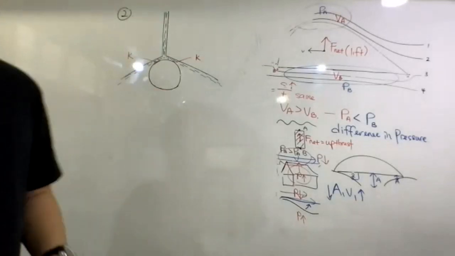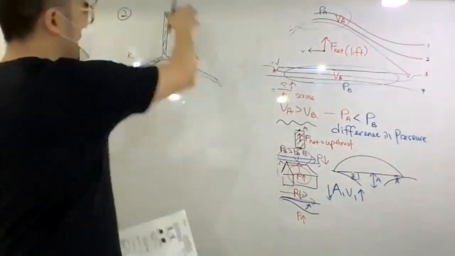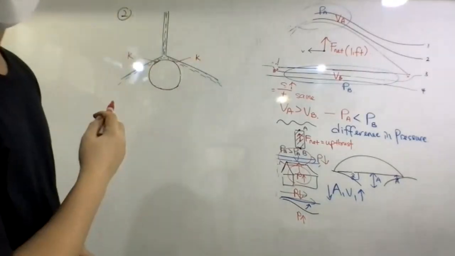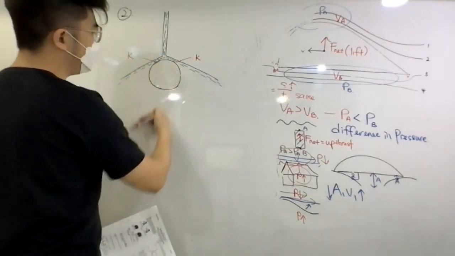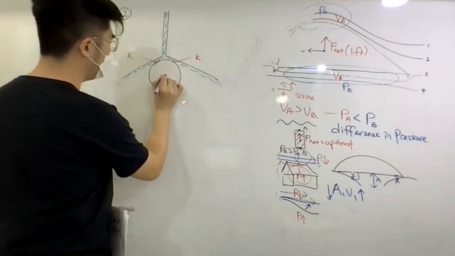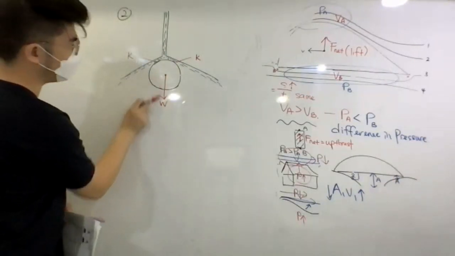Look at how the force is acting on this ball. When the water is flowing, this ball is not moving. It stays at rest like this. It doesn't drop because it is supported by a force. What force is that? We have weight, and with the weight it should go down, right?